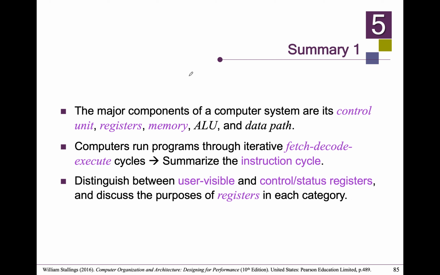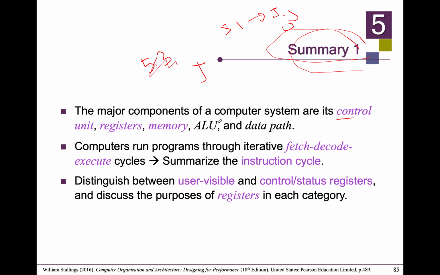And this is the summary for your 5.3, which is your summary 1. The major components of computer system, okay, this one is I think all in your summary module 5, but from 5.1 until 5.3 you summarize it. You can see you have control unit, register, memory, ALU and data path.